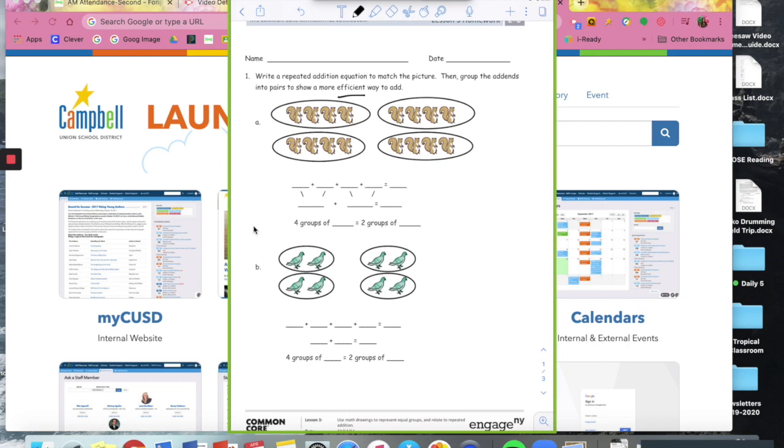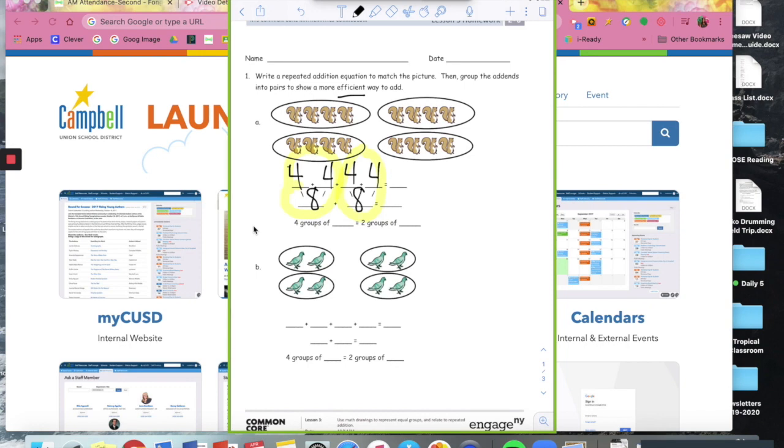So I see that I have 4 groups and I have 4 in each group. So I should be adding the number 4 repeatedly. And then right here is where you're going to combine those doubles, okay? So I see that I have 4 plus 4, which equals 8. 4 plus 4, which equals 8.